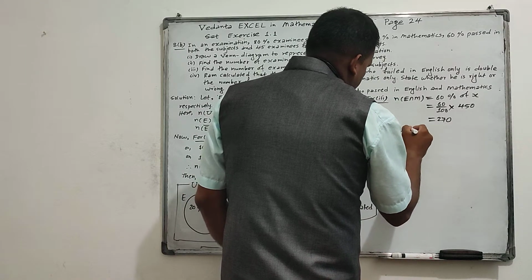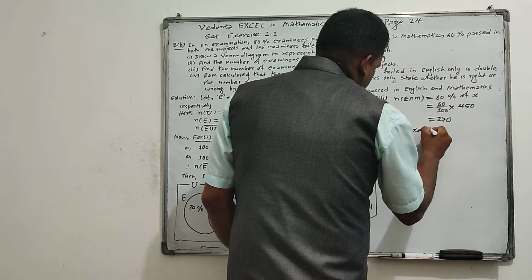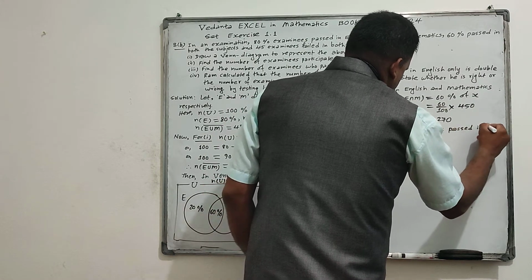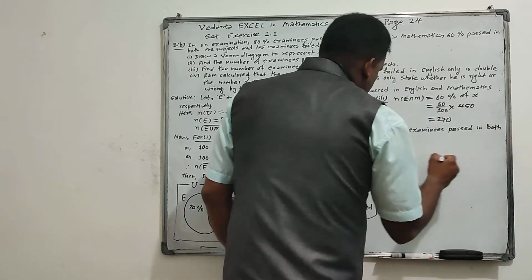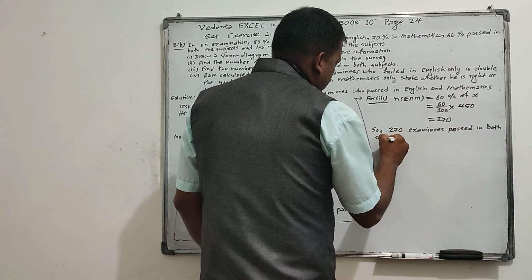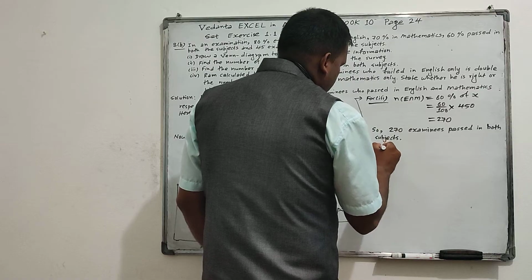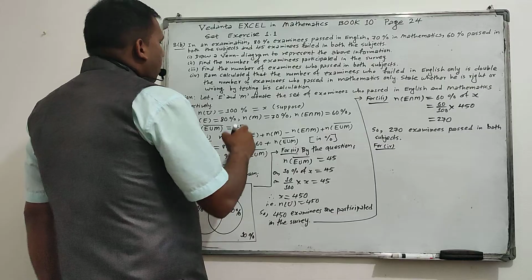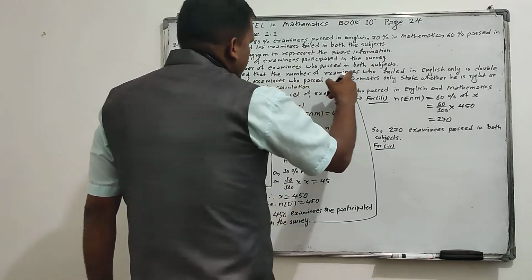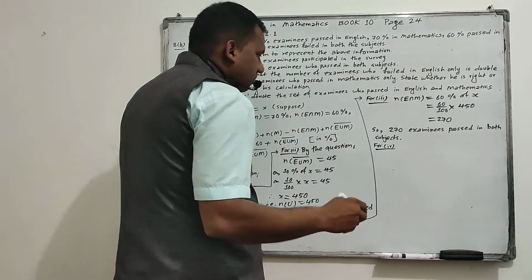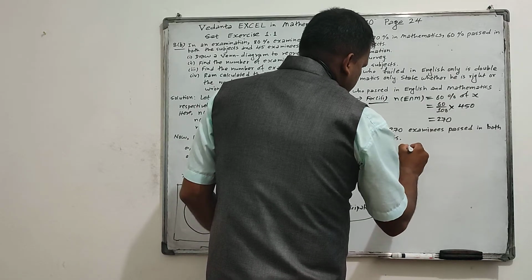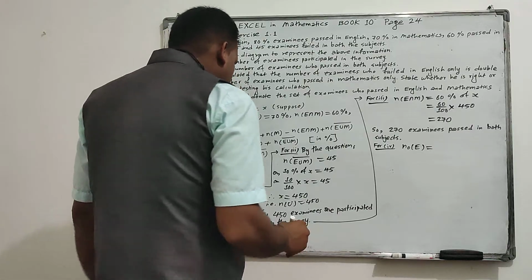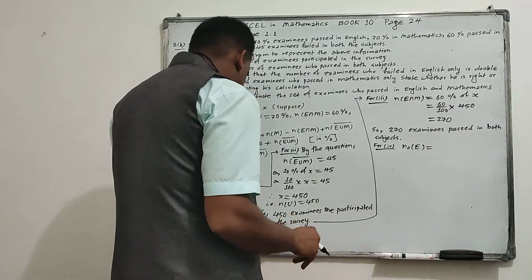So we can write 270 examinees pass in both subjects. Now for the last part 4, Ram calculated that the number of examinees who failed in English only, that is about fail.